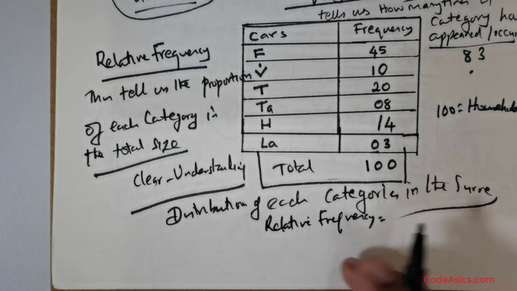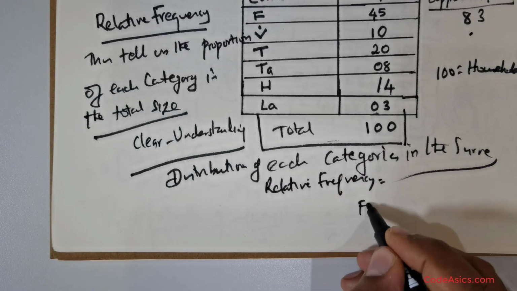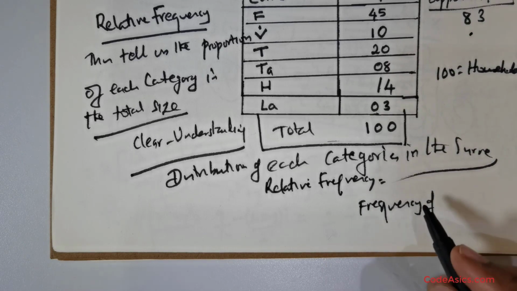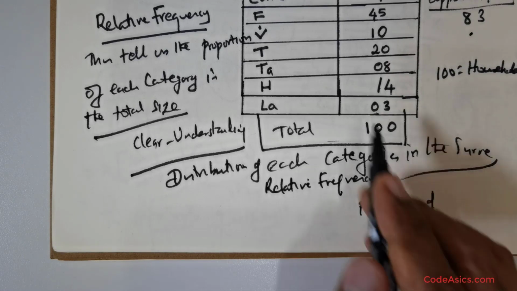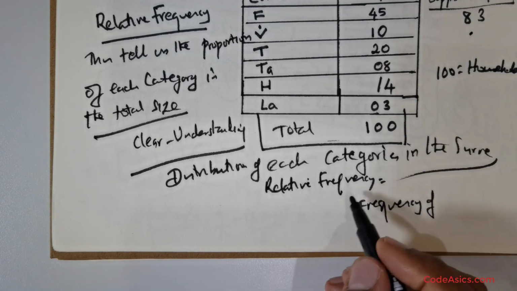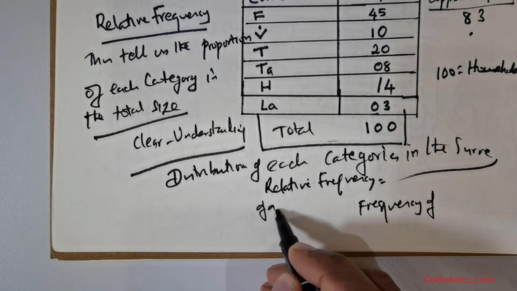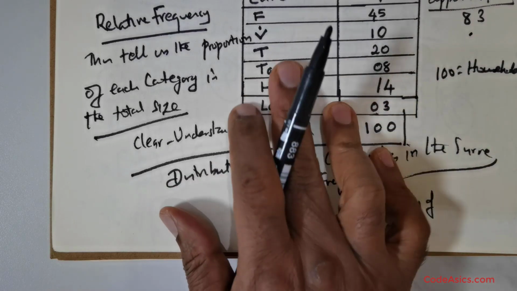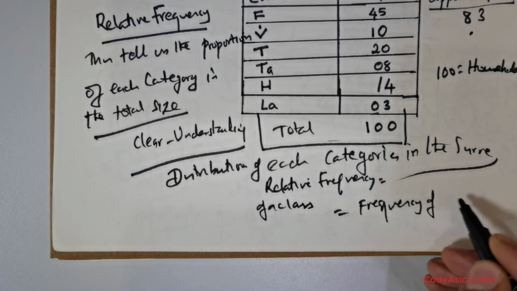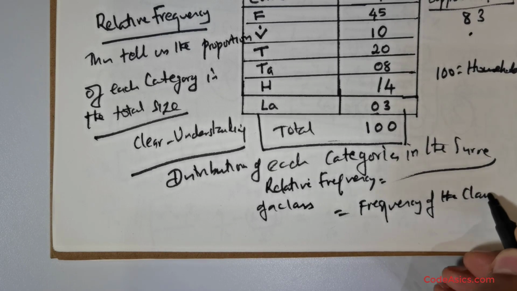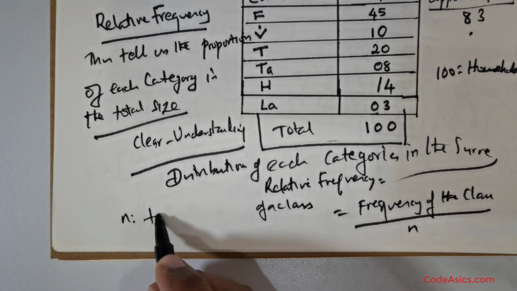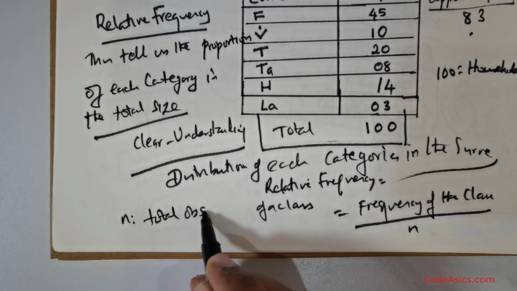This is equal to the frequency of the class, and whenever I say class, it means the category in question. So in this case it's F. This is going to be the frequency of the class divided by N. What is N? N is nothing but the total observations.